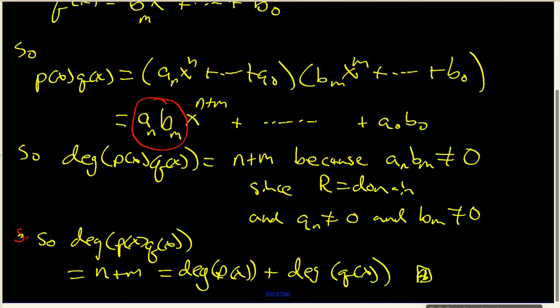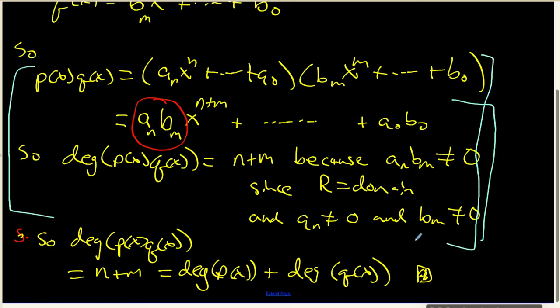But there's something that I want to point out about this proof, because we get a corollary out of this proof, and it comes from this part of the proof. So I kind of want to point something else out as a corollary.